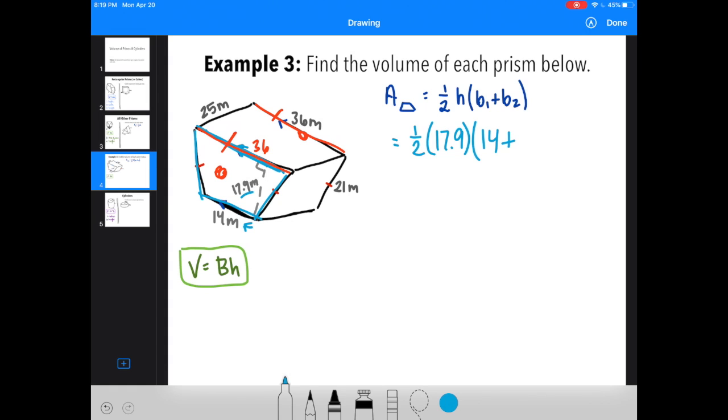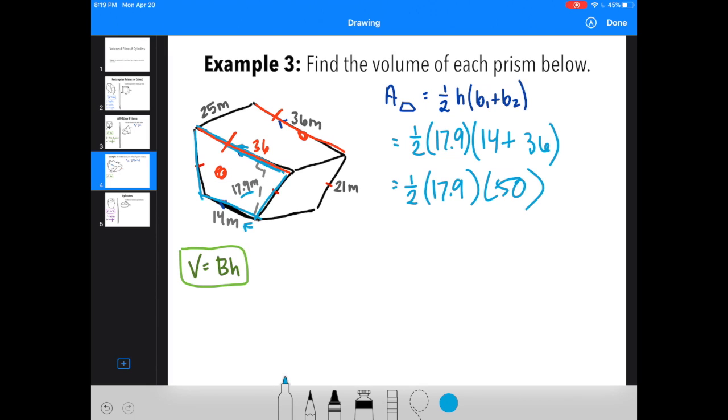All right, let me shift back to blue. So it's going to be 14 plus the length of my bottom base, which would be 36. 14 plus 36, is that 50? There we go. Sometimes I feel like I'm getting slow with my math skills through digital learning.